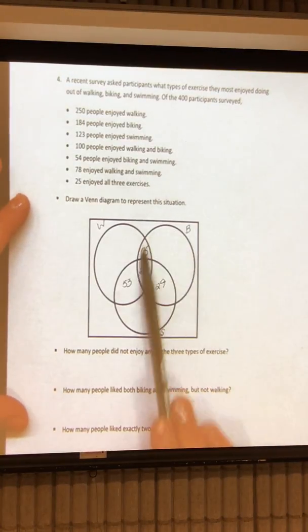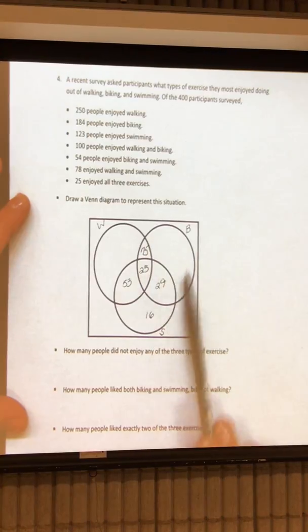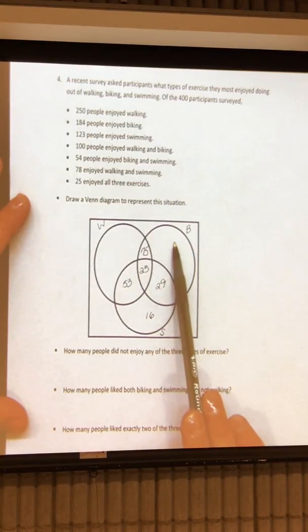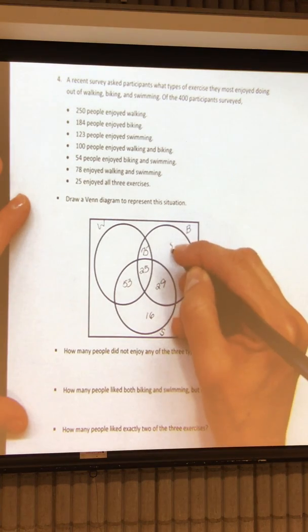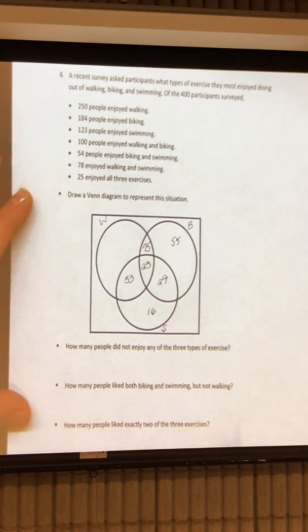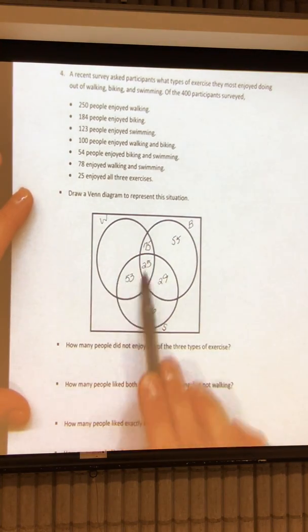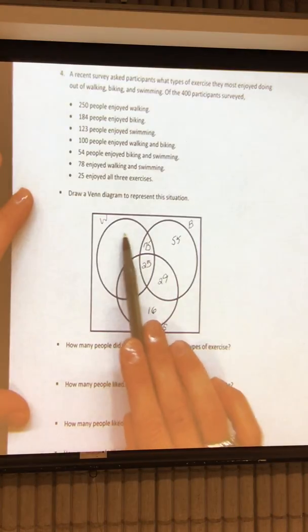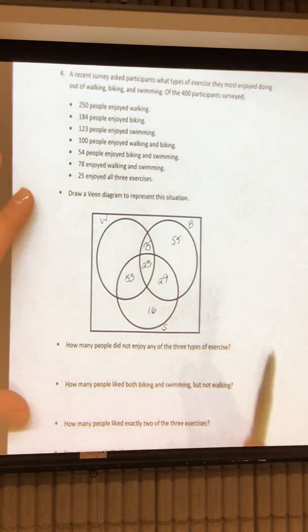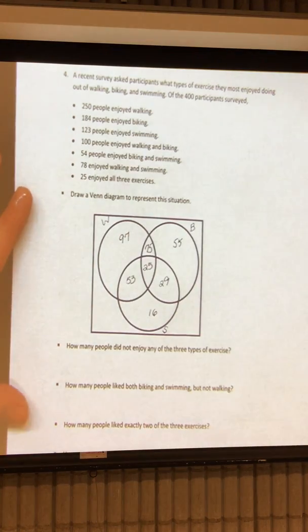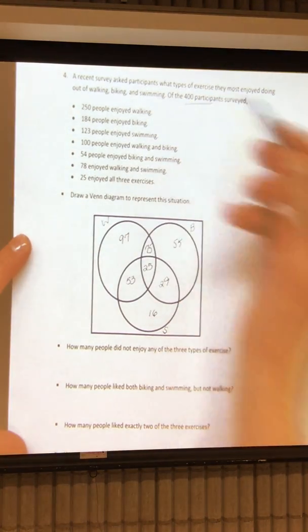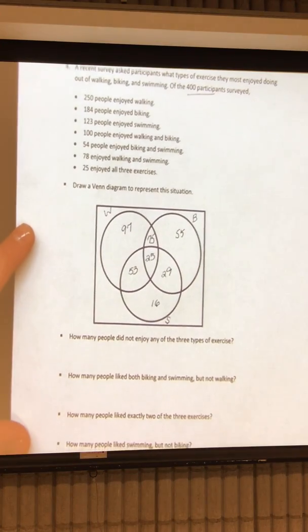184 enjoyed biking. So this is all biking. So we have 184 minus these totals, which is 55. And then walking, we have 250 people enjoyed walking. So 250 minus these 3 totals, and that is equal to 97 enjoyed walking. A total of 400 participants were surveyed.